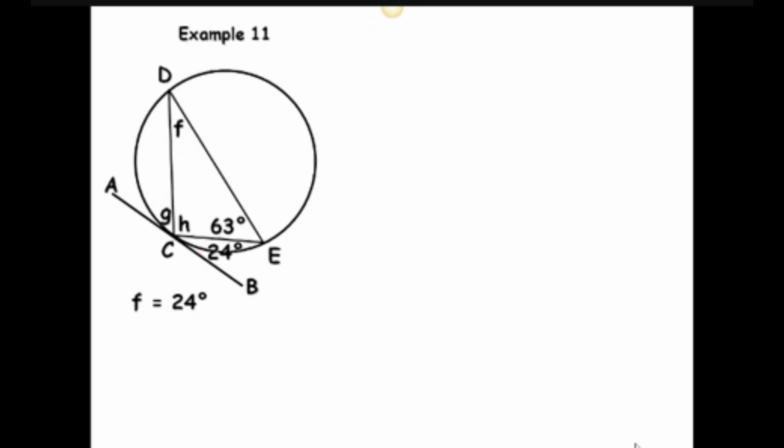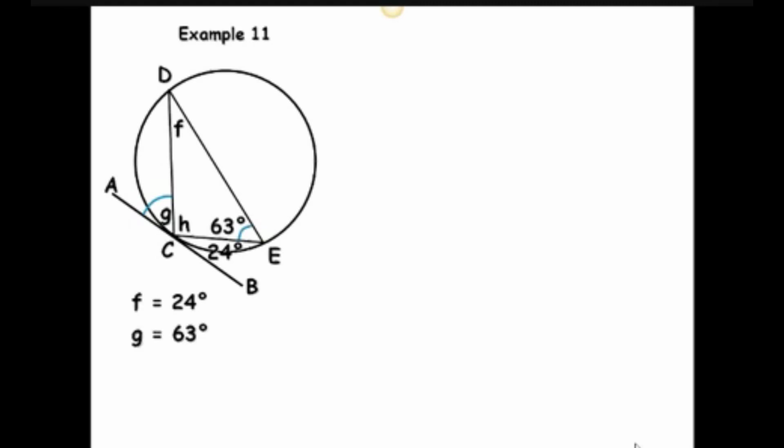Similarly, on the other side, we've got G there. That's the angle between the tangent AB and the chord CD. Well, again, from the same point C, the chord in the alternate segment is CE. So that means that the 63 degrees and G must be the same.